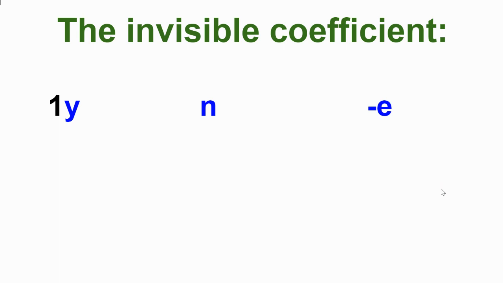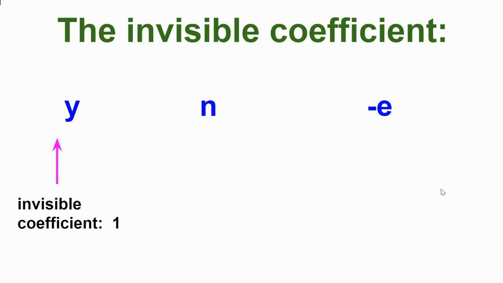And it's 1. y could be 1y. 1y and y. It's the same. So there's really an invisible coefficient right there. It's 1. It's that simple. When you see a variable all by itself, there's an invisible coefficient there.